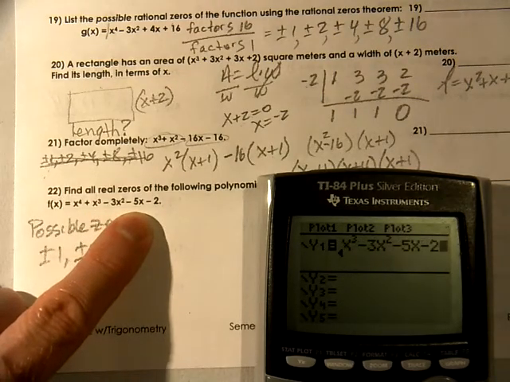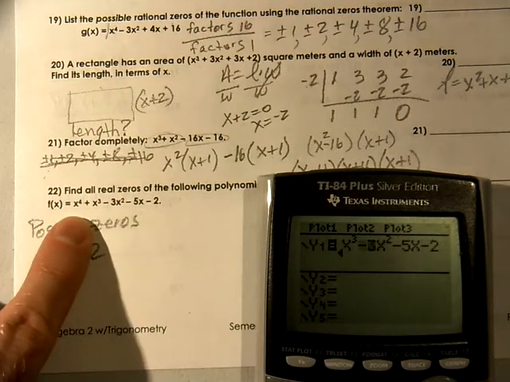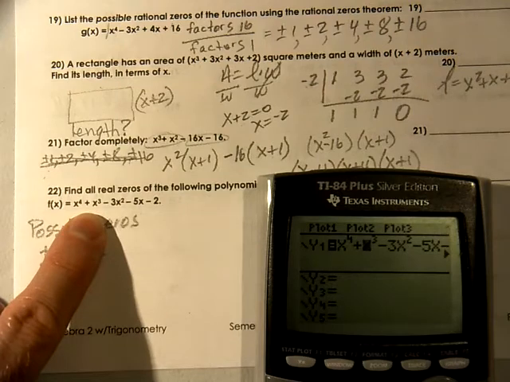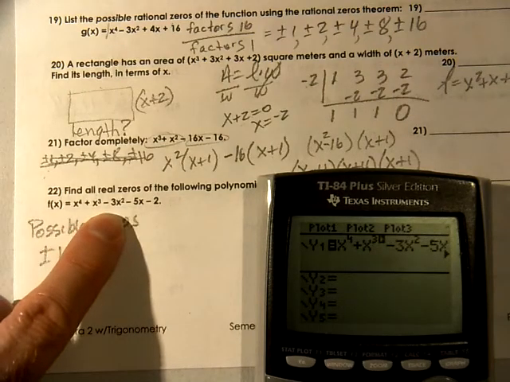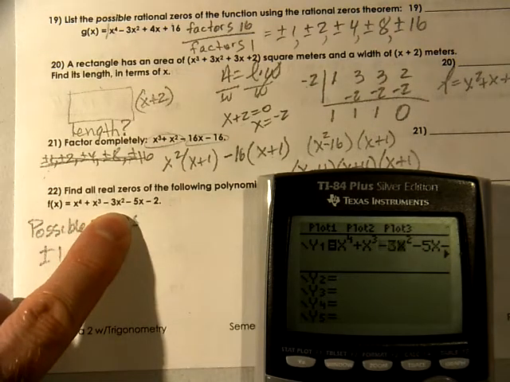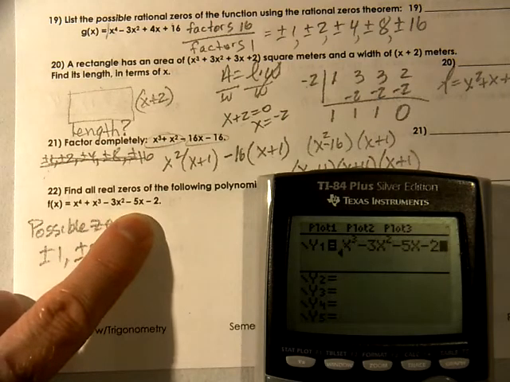I want to be sure that you typed it in right. Let me be sure I did. So we have x to the 4th plus x cubed minus 3x squared minus 5x minus 2.